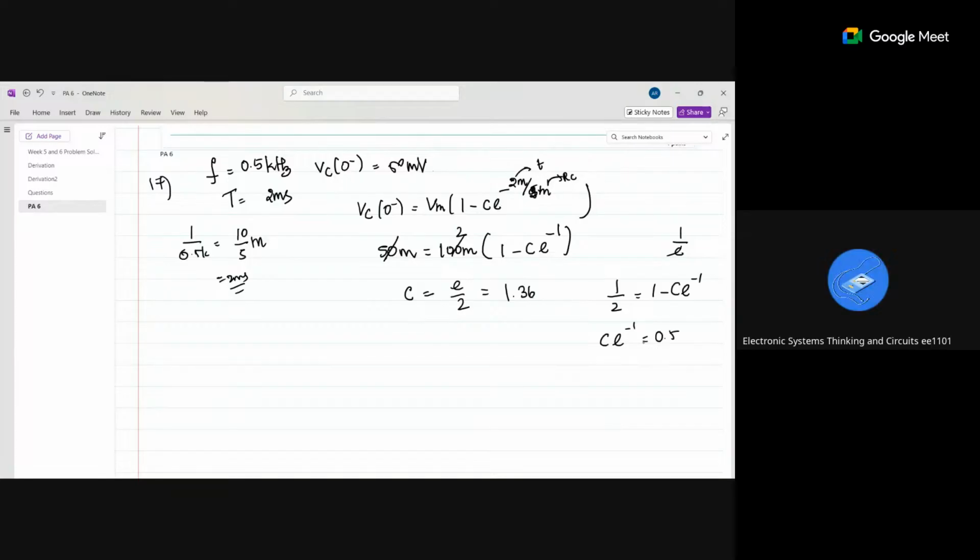It should be around 0.6. The anti-log of 0.5 is 3.1. But I'm getting 1.35.